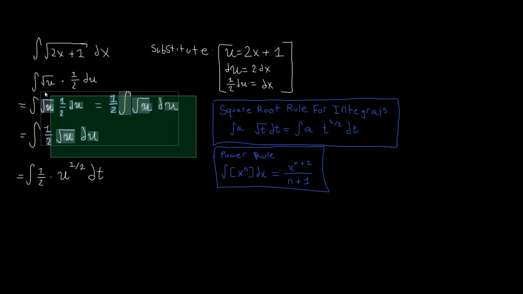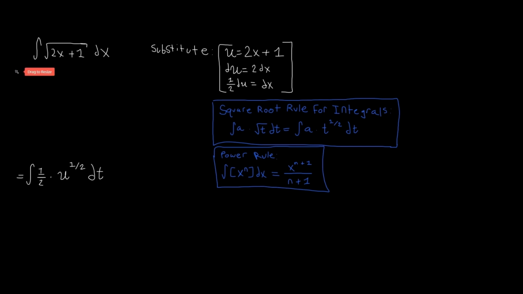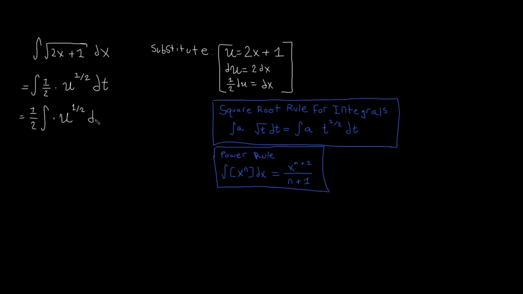So I'll make a little bit of space. And now I'm going to factor out that 1/2. All right, and this will become 1/2 times u raised to the power of 1/2 plus 1 over 1/2 plus 1.